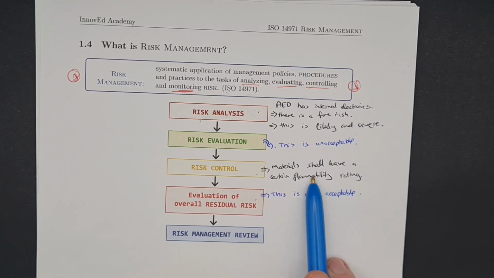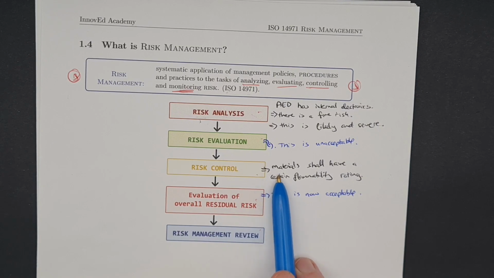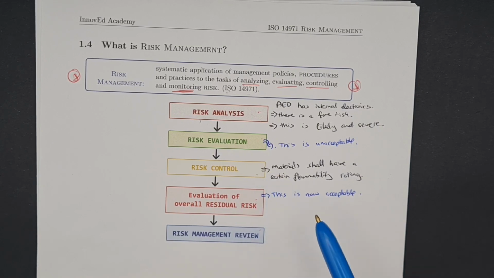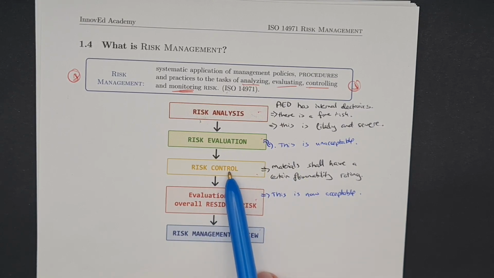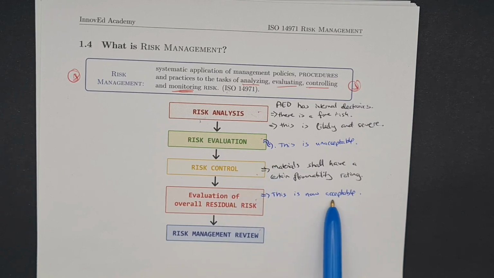That may not always be the path. You may introduce risk control measures that are additional product requirements or software requirements that aren't coming from any consensus standard, and then you just want expert opinion, which you'll get from your risk management review, that the risk control measure was adequate to bring the risk to an acceptable level. Okay, so this is now acceptable.